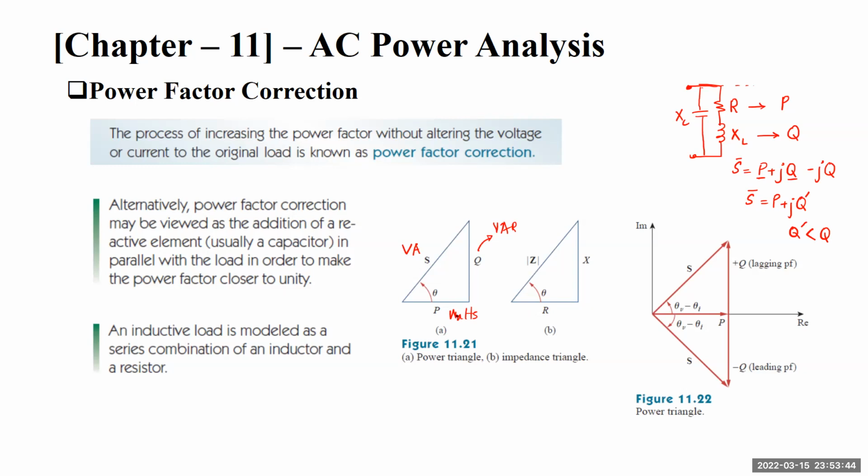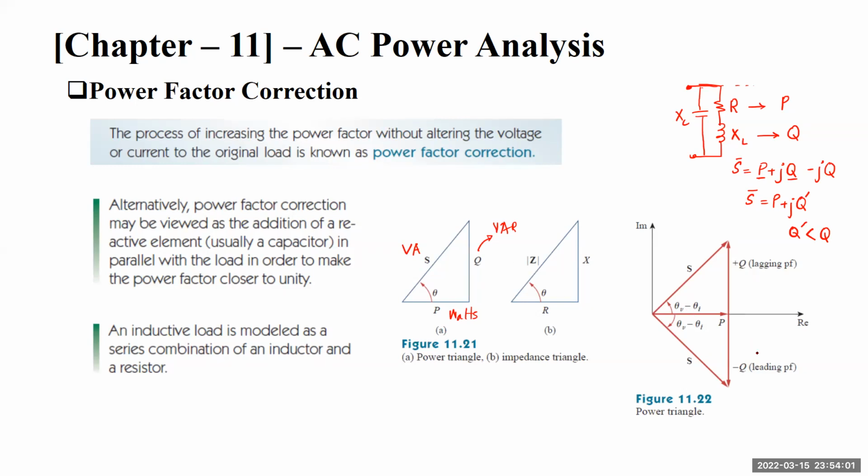Similarly, power is proportional to the resistive component of our load. Q, or the reactive power, is proportional to the reactive component of the load, and S, or the complex power, is proportional to the overall impedance of our load.